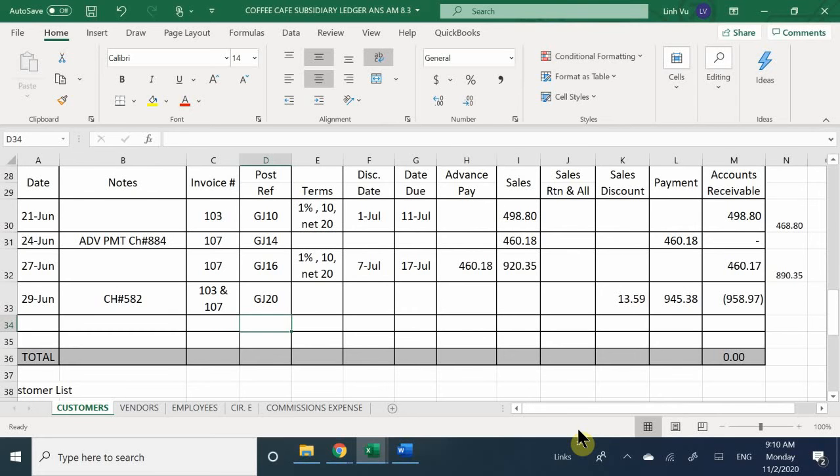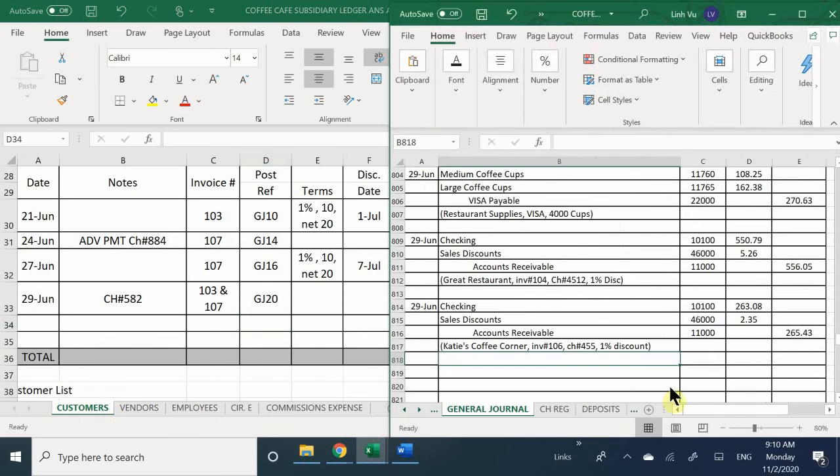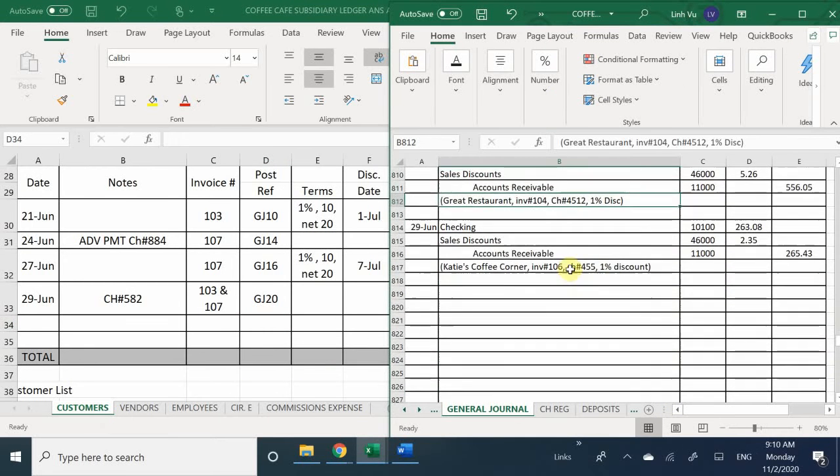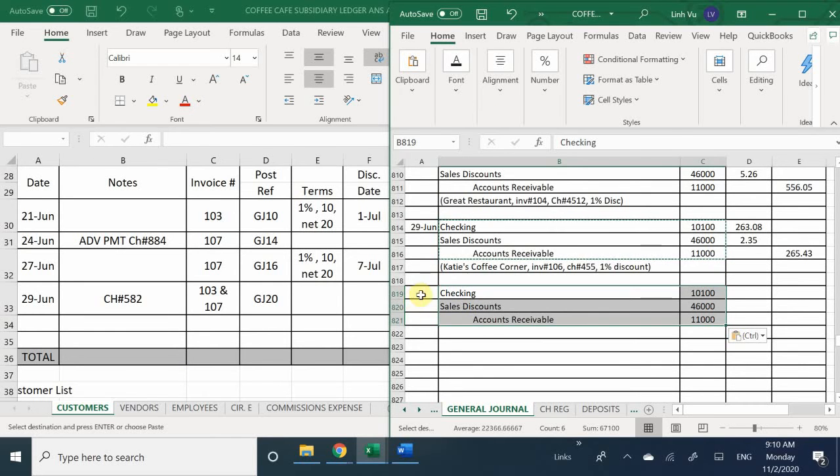Okay. So let's go ahead and journalize this transaction. It should be the same. Okay. 629.